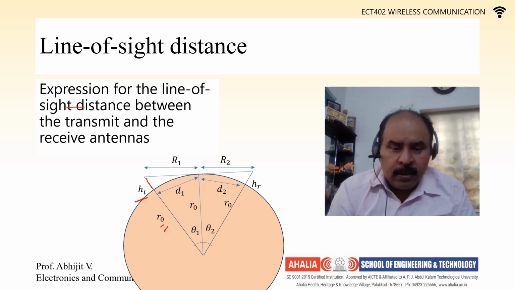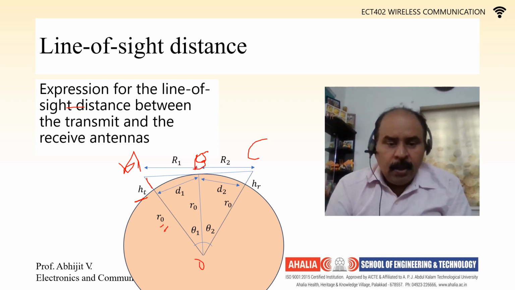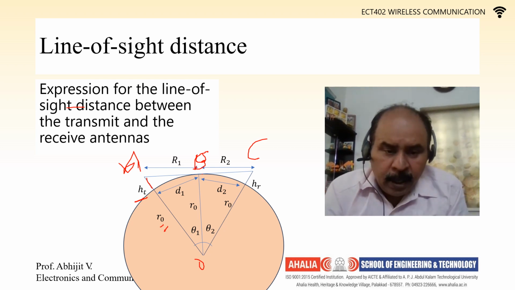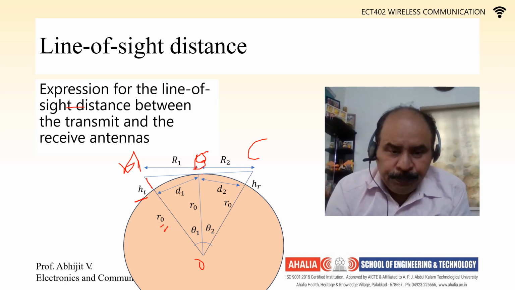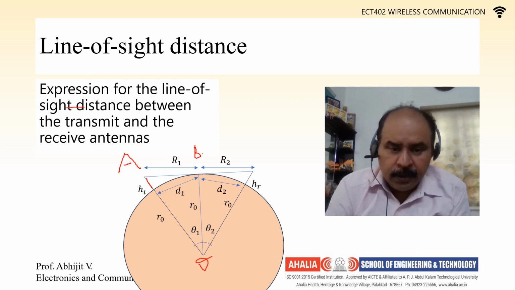I'll put this as A, this as B, the center of the Earth as O, and this as C. So we have A, B, C, and O.